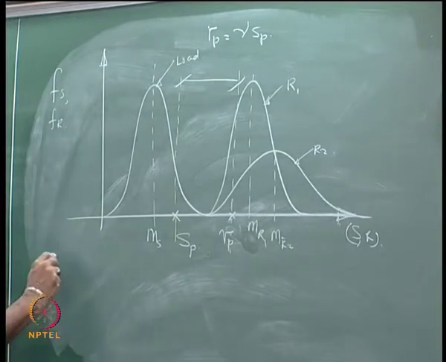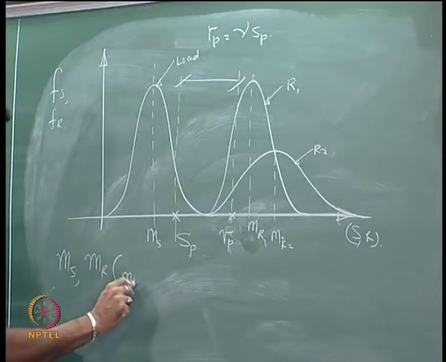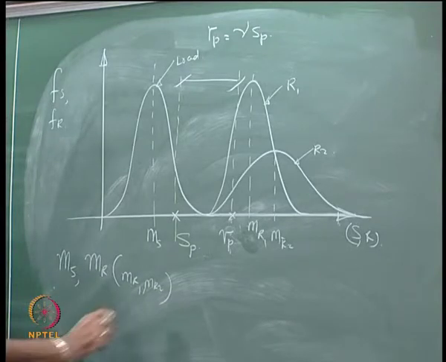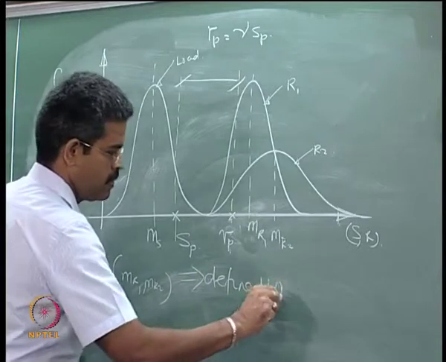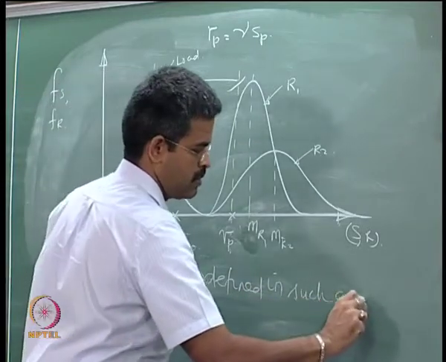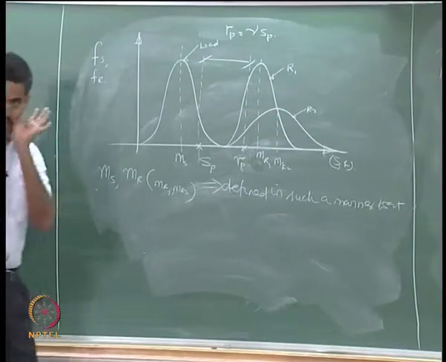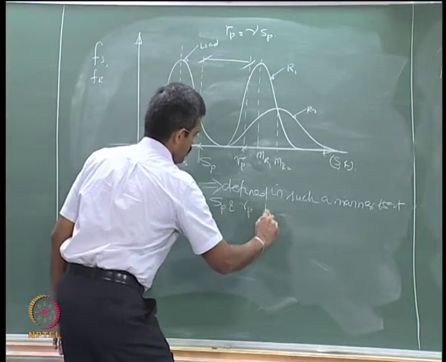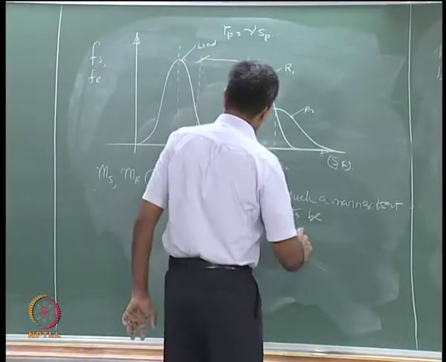It means the mean value of the load and the mean value of the resistance, be it MR1 or be it MR2, anything, should be defined in such a manner that Sp and Rp are to be described.